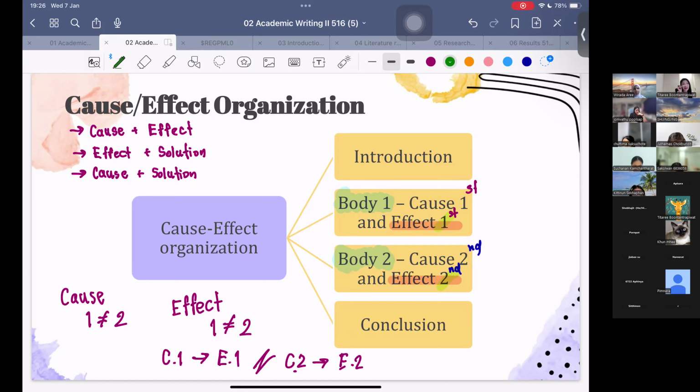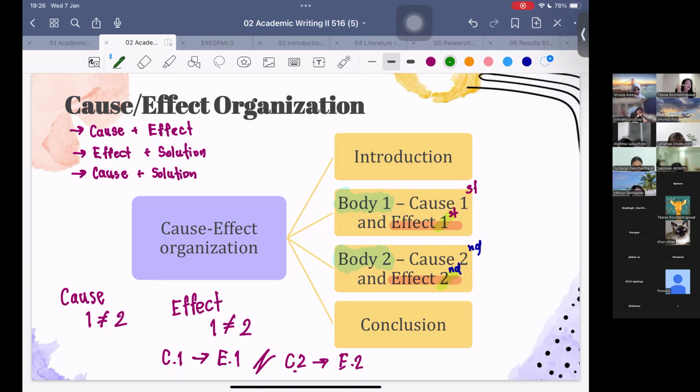If effect 1 and effect 2 are the same thing, it would be better to combine things into the same paragraph rather than having 2 separate ones. Because if you have 2 separate ones, you repeat your details, which is not good in writing.